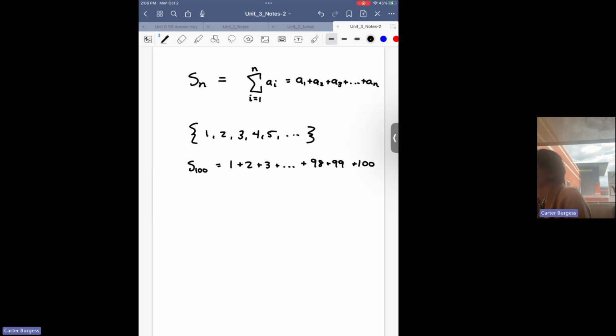Because I can add in any order that I like, but could we be clever in such a way that I don't just have to add 100 numbers altogether? And maybe it's a little tricky to see. So let's see if we can't see what happens here.